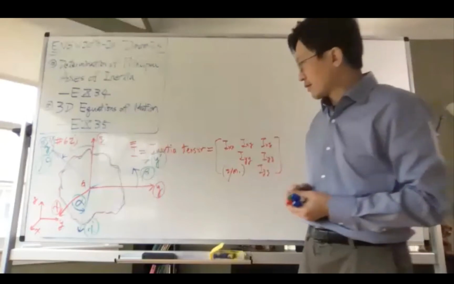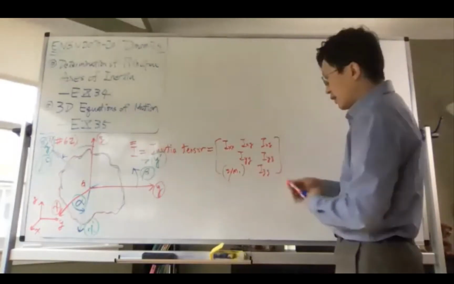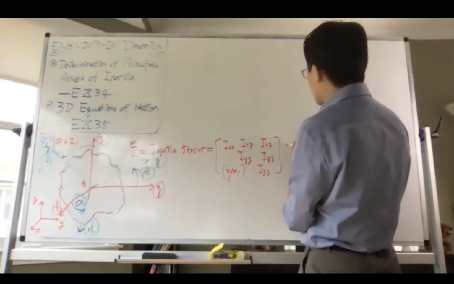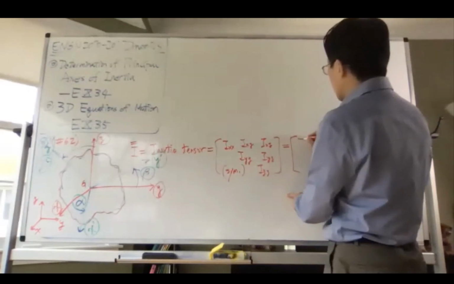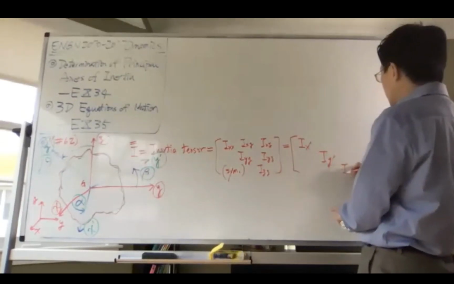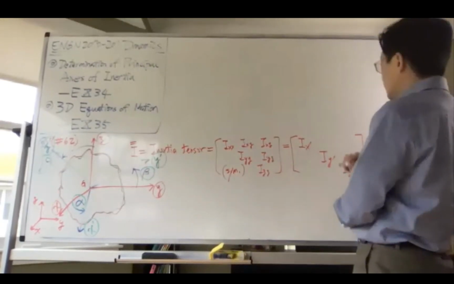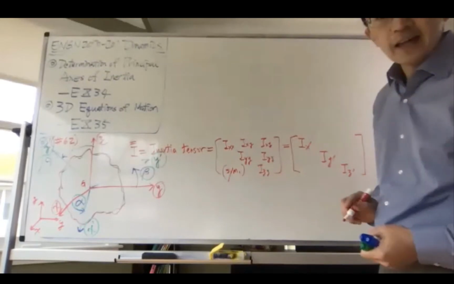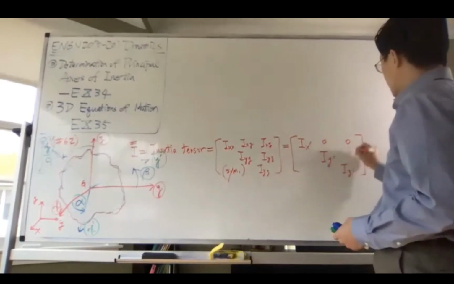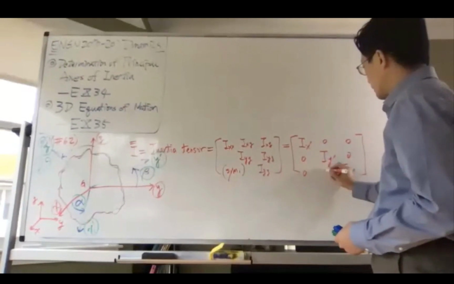And if we do that, then the inertia tensor can be simplified into just this, which is Ix prime, Iy prime, and Iz prime. And all the off-diagonal components will become 0.